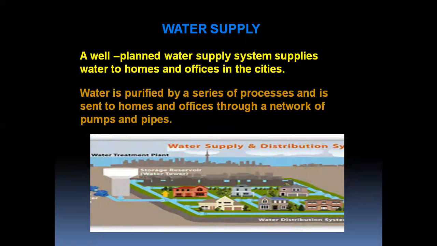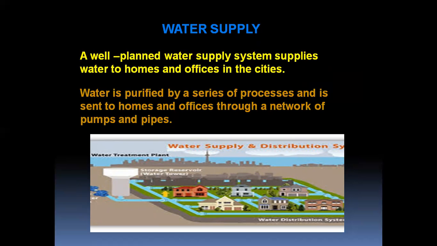Next, water supply. Nowadays, there are well-planned water supply systems that supply water to homes, offices, hospitals and schools in the cities. Our Vizag is also a city, and you know how the pipeline is given.